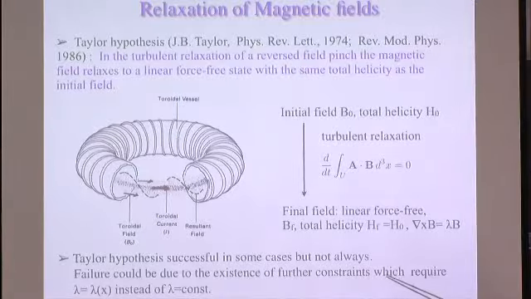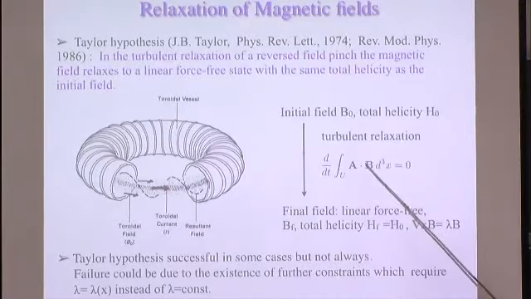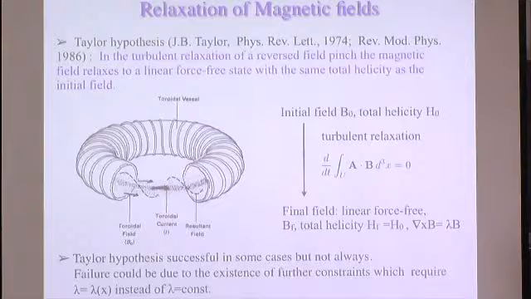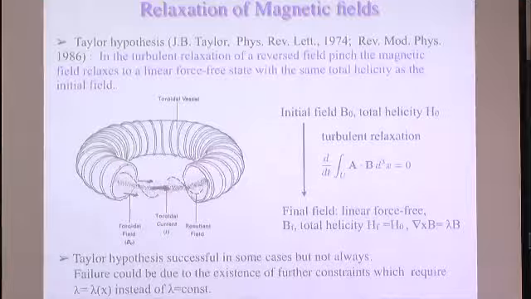This could be due to the existence of further constraints in our system. Maybe we have additional constraints to this helicity, and that would force the system out of this lambda equal constant state to a state where lambda is actually a function of the spatial variables.